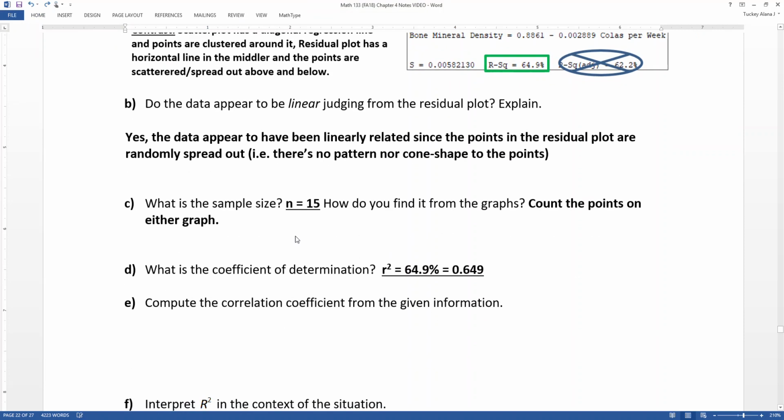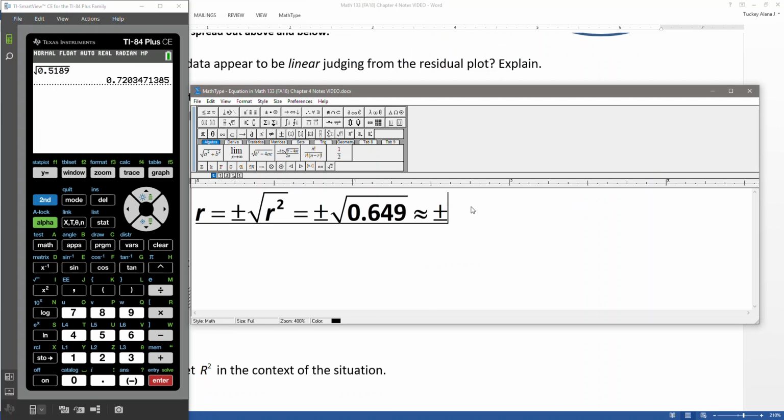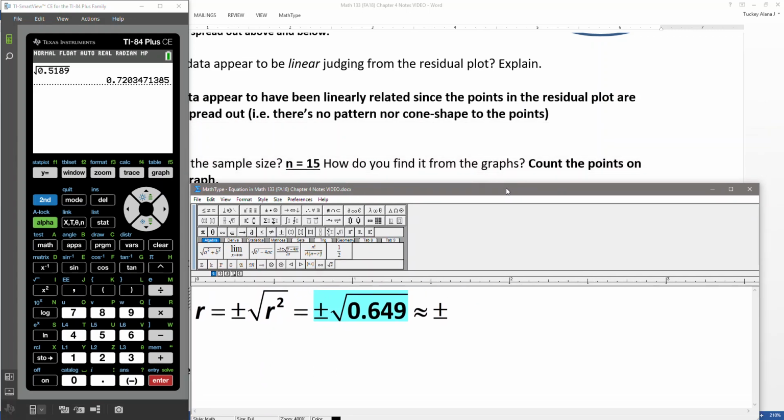So then, what about the correlation coefficient? Sneaky. In order to do that, we need to take the square root of R squared, but we don't know if we want the positive or the negative. So we're going to leave it as both for a minute, and then we'll look back up at the problem and try to figure it out. Since r is plus or minus the square root of r squared, we're either going to use positive or negative the square root of 0.649.